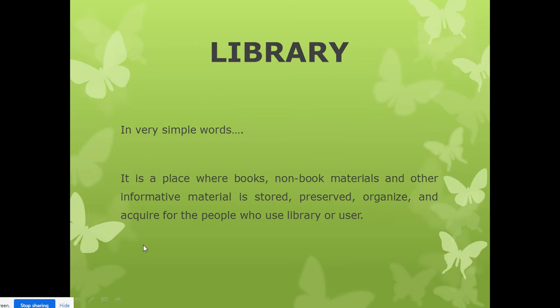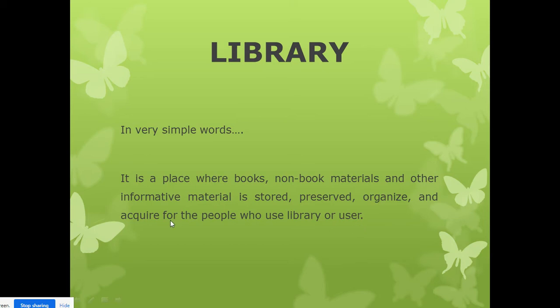For whom do we do all these things? For the people who use the library. Understand? It is very simple. We have made this a very simple definition. A library is a place where books, non-book material and other informative material are stored, preserved, organized, and acquired for the people who use the library, or we can say our users.